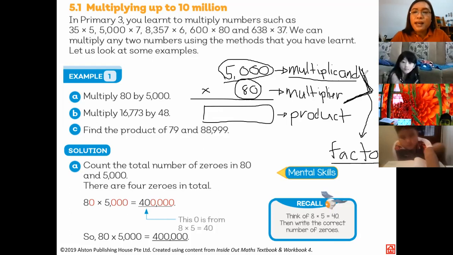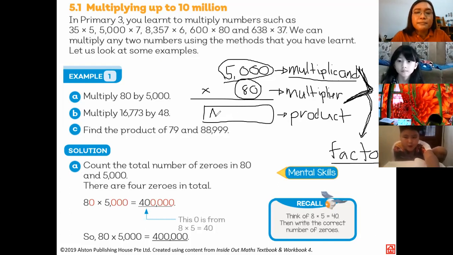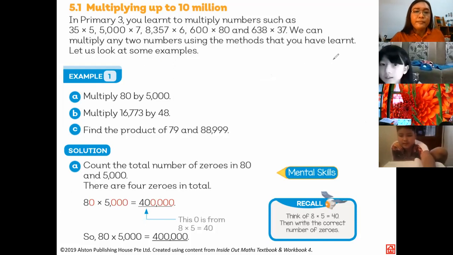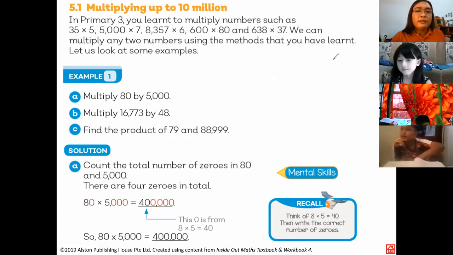Factors. And what do you call the answer? Product. Okay, do you understand? Yes. Okay, very good.